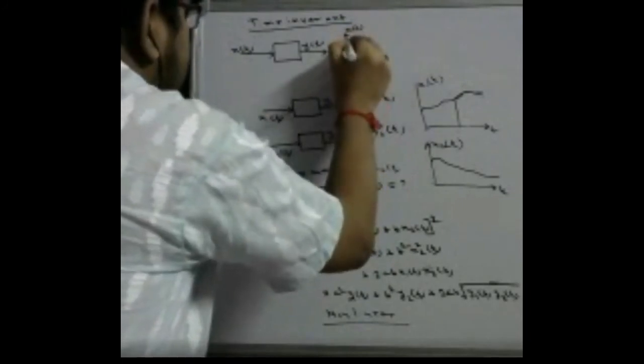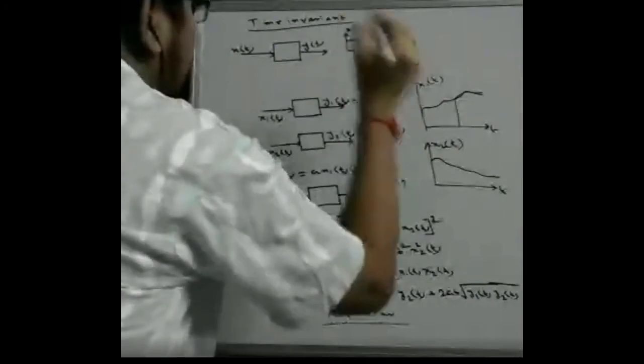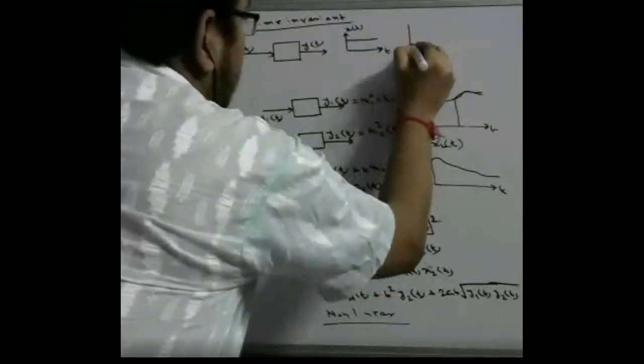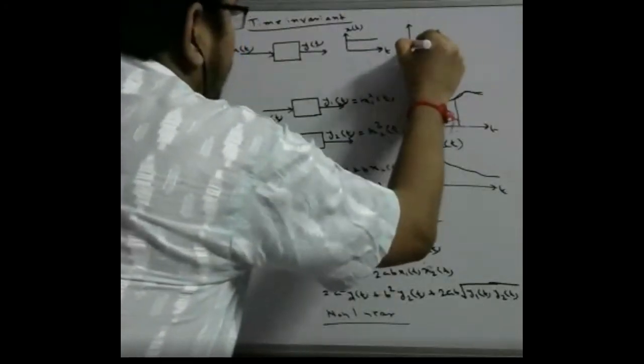If we see this graphically, suppose this is x(t), a step input, and this is the y(t).